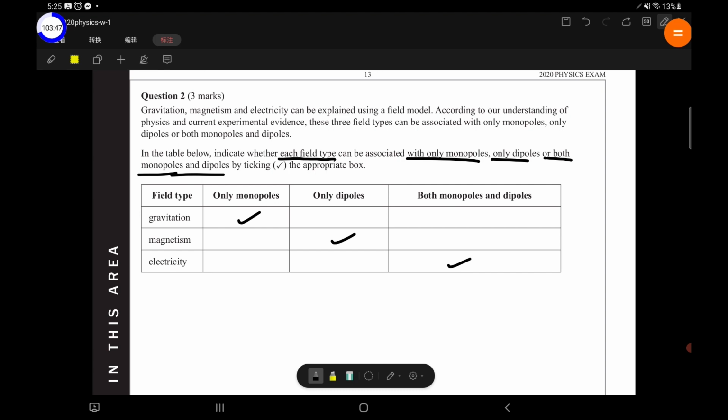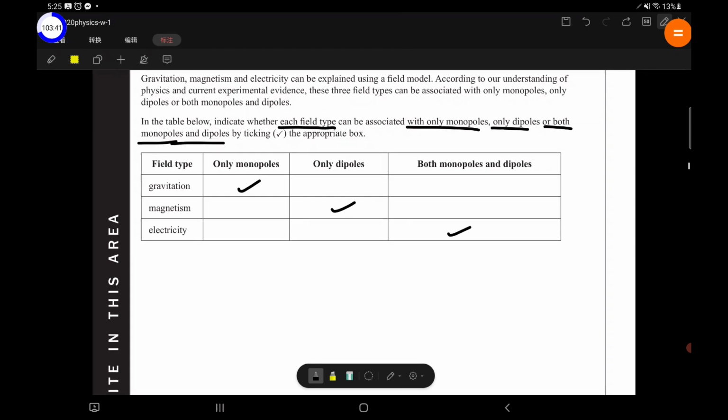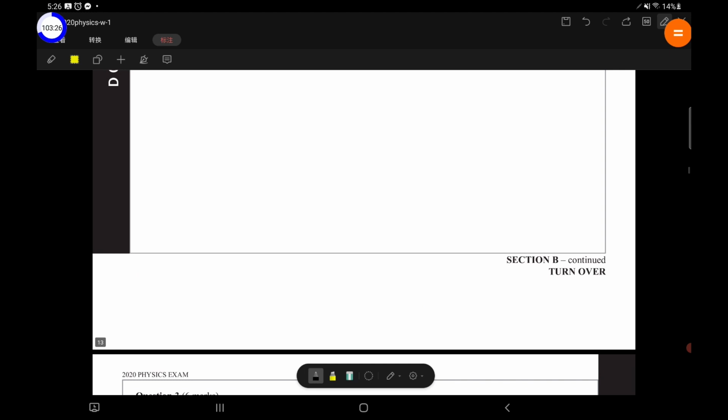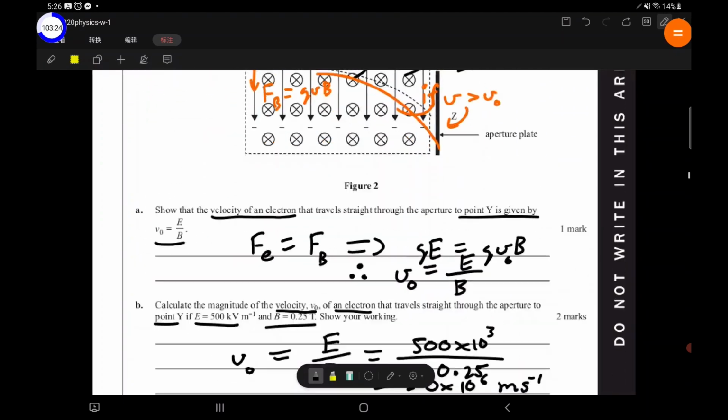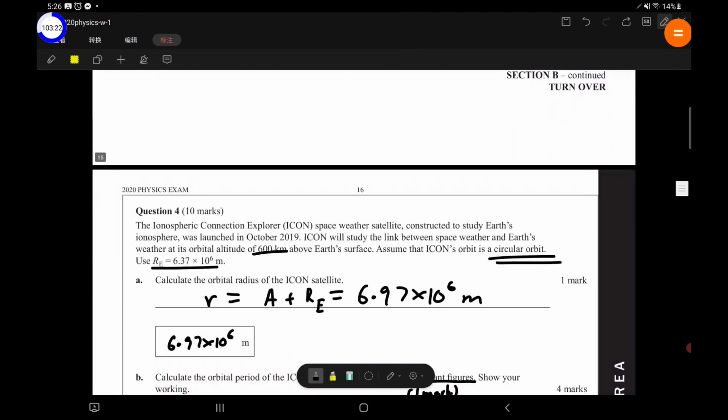Electric fields, on the other hand, can exist as both monopoles and dipoles. So you can have individual electrons, protons separate, but you can also have the collection of charges together. So for example, you can have a molecule with protons on one end and electrons on the other end, so that is a dipole, but for electric fields.